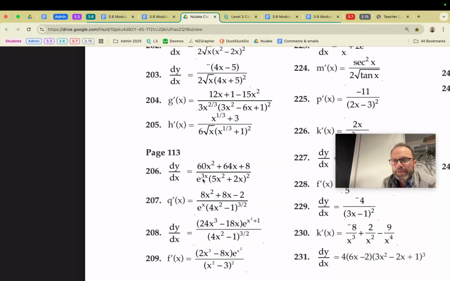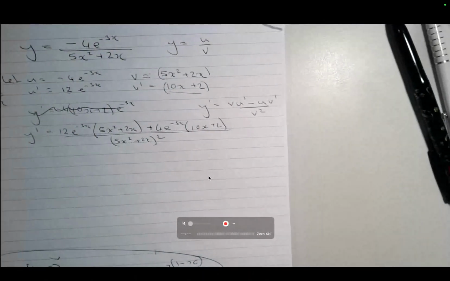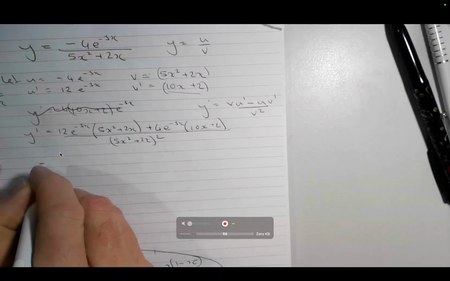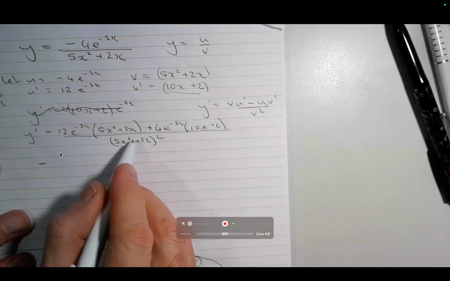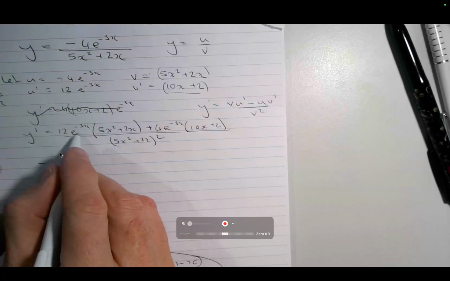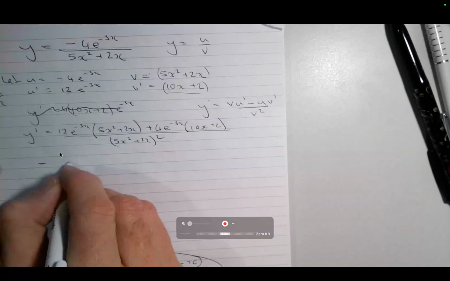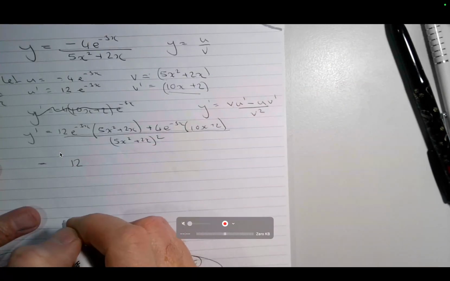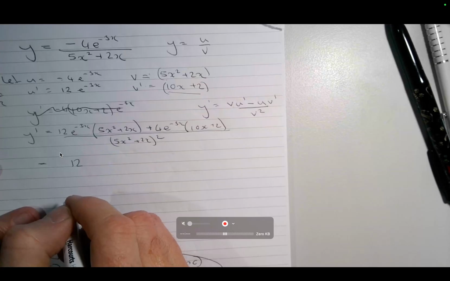I haven't. So this is what NuLake have done. You notice the e to the 3x is on the bottom. So it looks like they have done some extra work here, so I'm not going to be lazy. I'm going to take a common factor out.